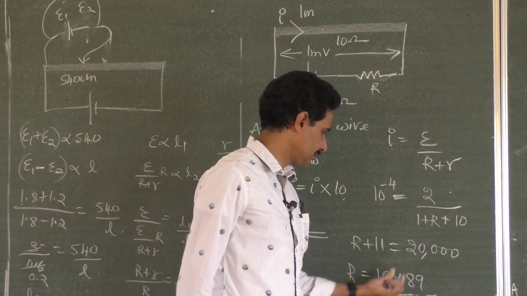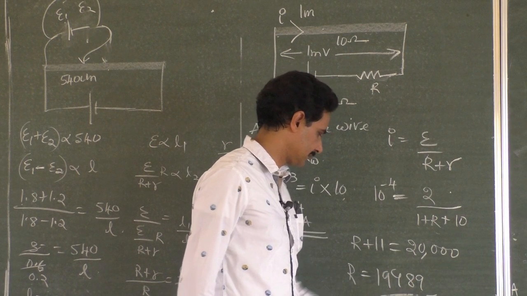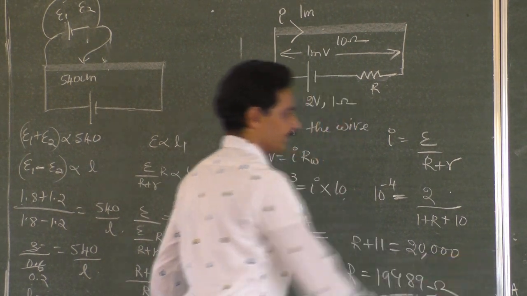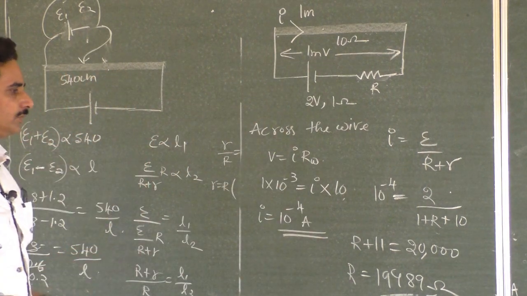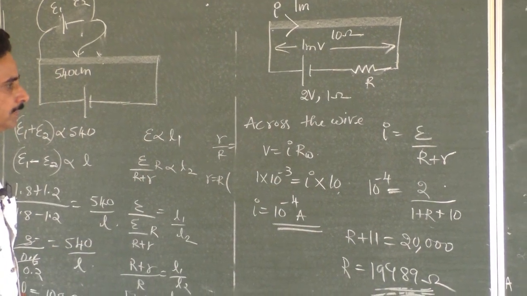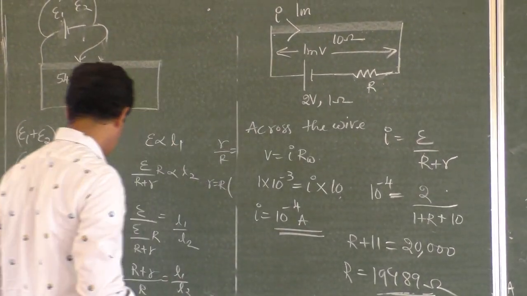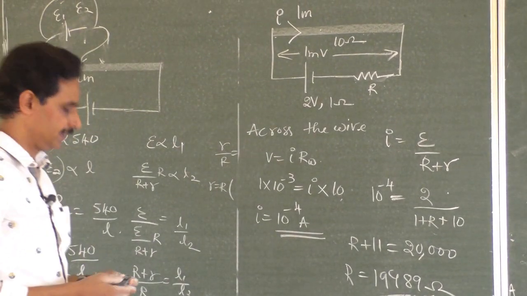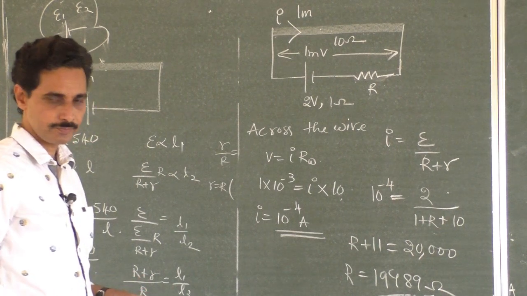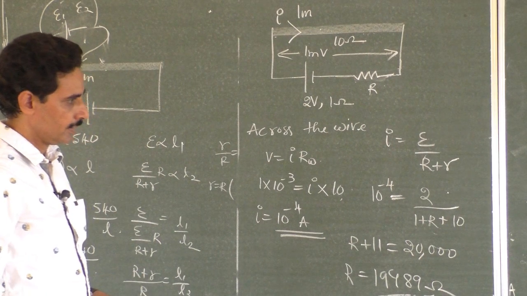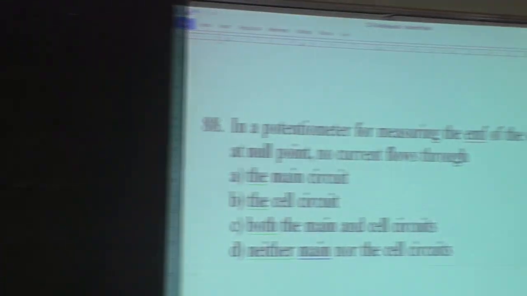If you had removed 10, it is 19,990, one less. This much ohm. That should be the value of R, that is the external resistance connected. So option B, second option. Yes. We will move to the next one.